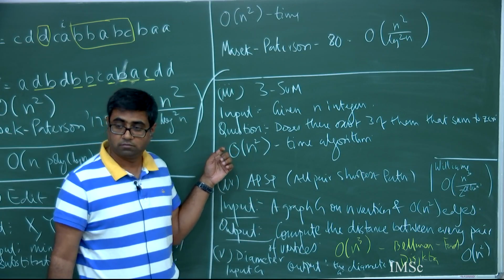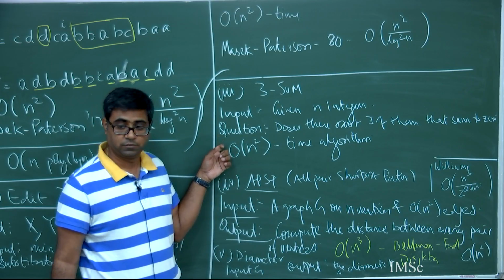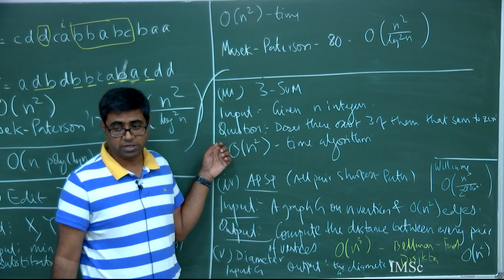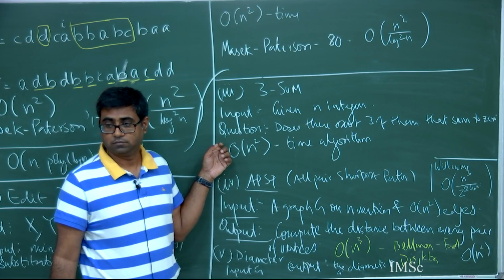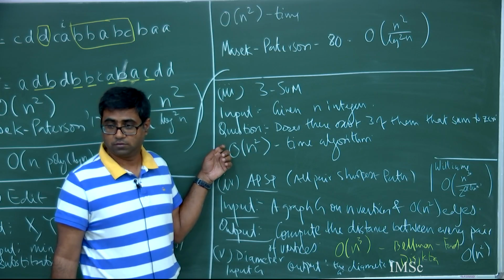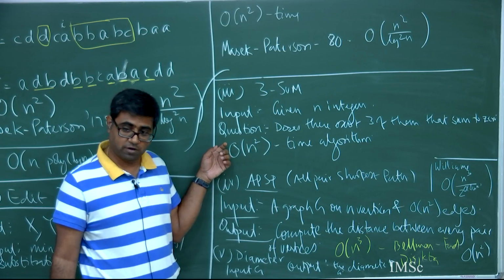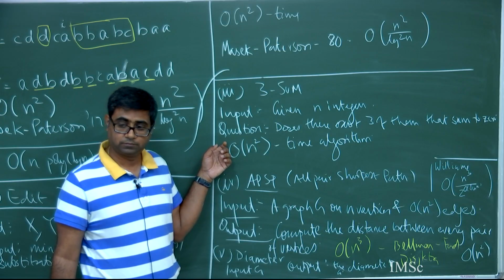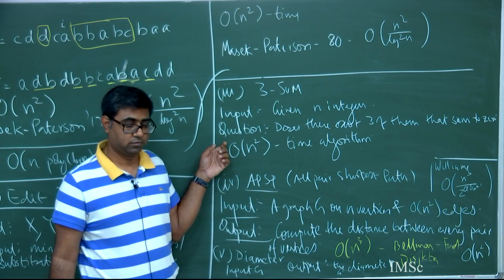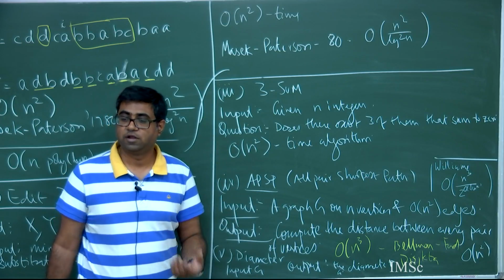Now, okay, let us get back to threesome. What is the running time of this algorithm? Do you know an algorithm for threesome which runs in order n square time, Diksha? Okay, let us hear your n square log n algorithm.